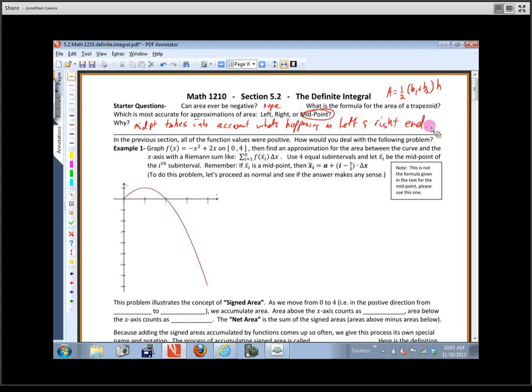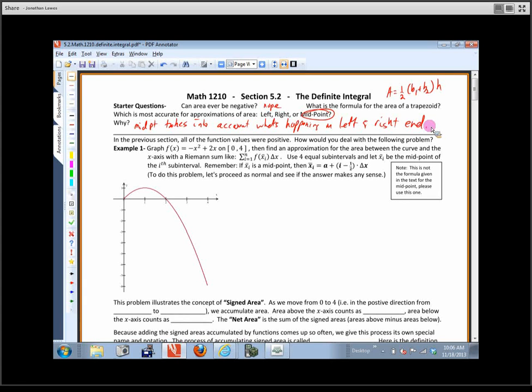It's usually less extreme. It kind of balances out. If we've got an increasing function and the left endpoint is on the low side and the right endpoint is on the high side, the midpoint's probably going to be somewhere in the middle. Not perfectly in the middle, but it kind of compensates for those two extremes. That's usually why that's a little bit more accurate.